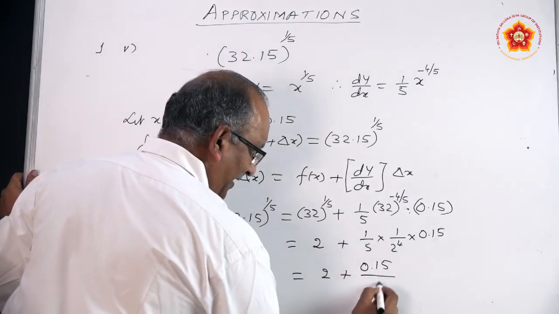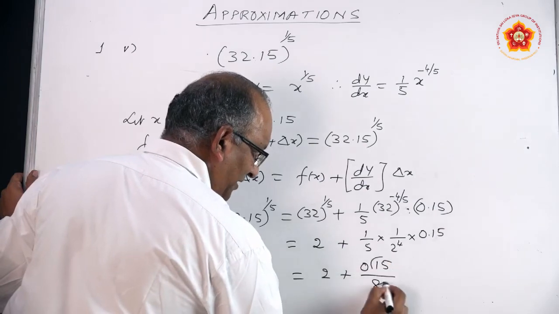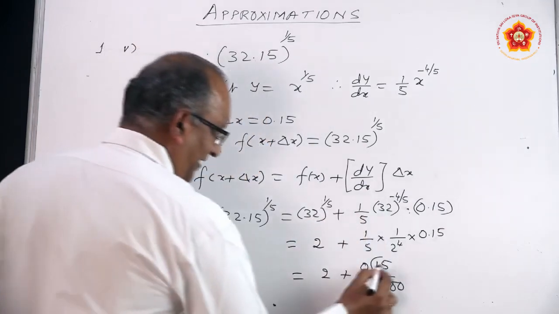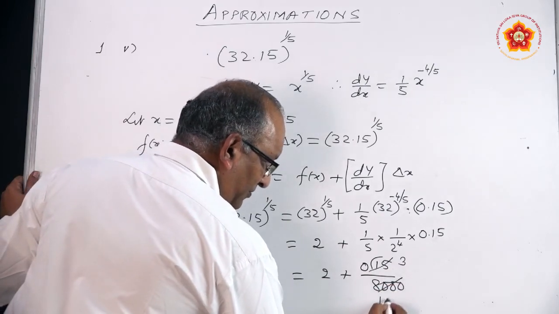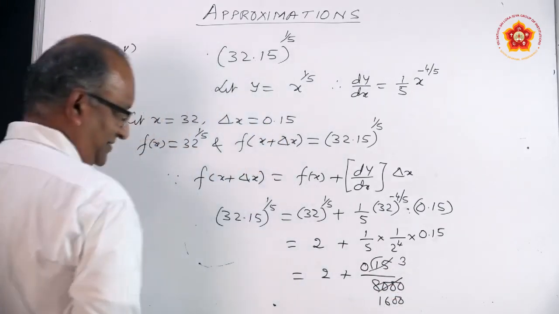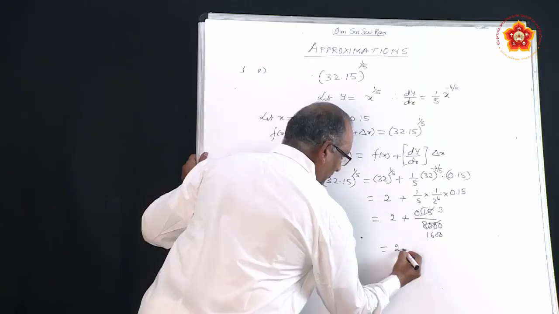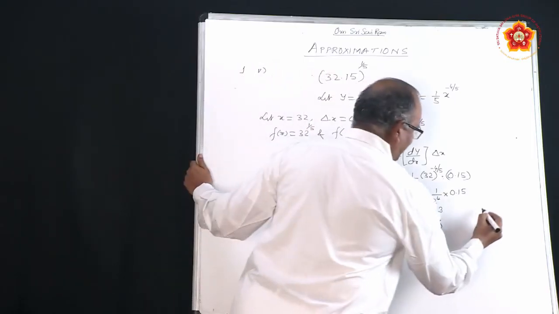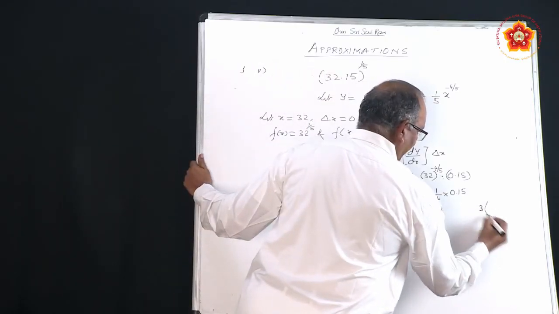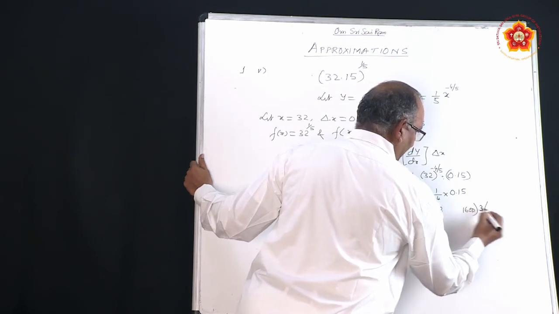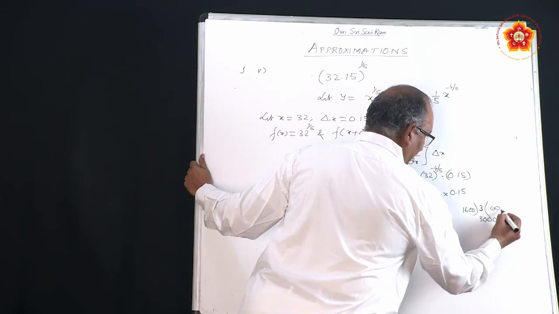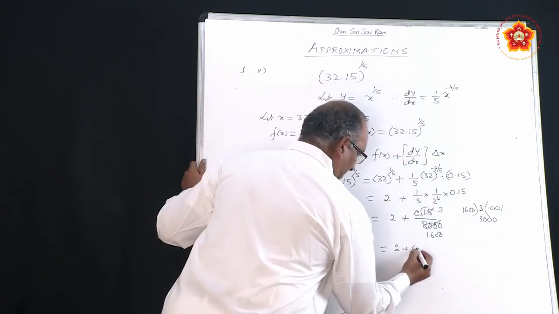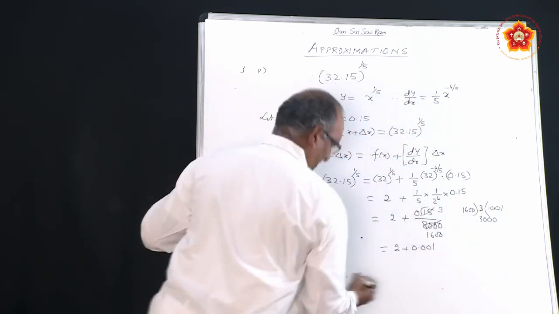0.15 by 80. Remove the decimal. Simplify it. 5 3s are 15, 5 into 16 into 100 is 1600. It is 2 plus 3 divided by 1600, approximately.